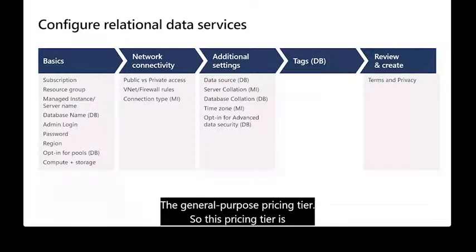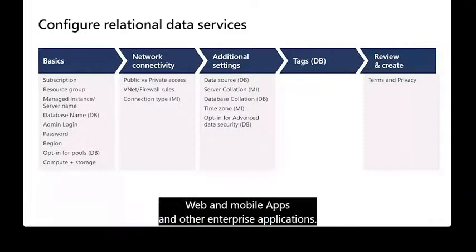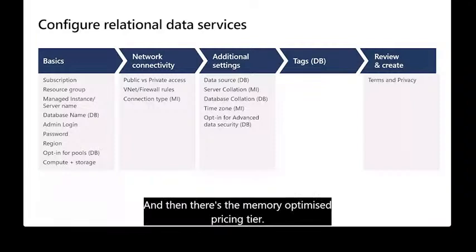The general-purpose pricing tier is for business workloads that require balanced compute and memory with scalable I/O throughput. So examples include servers for hosting web and mobile apps and other enterprise applications. And then there's the memory optimized pricing tier.